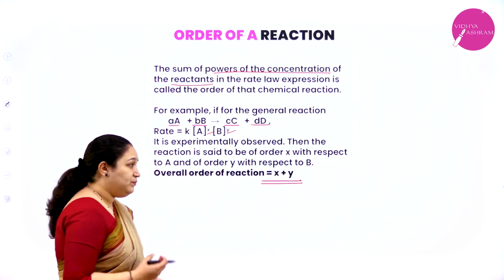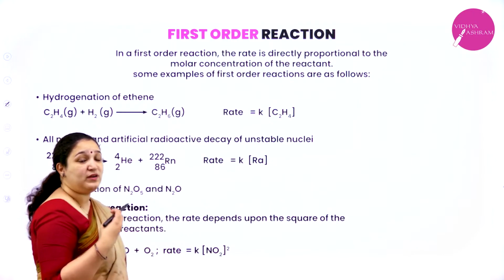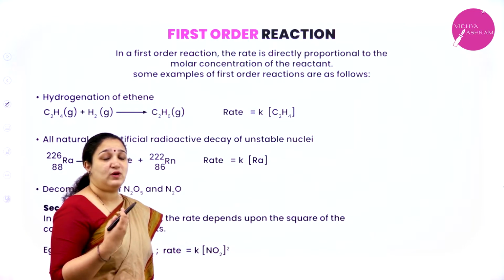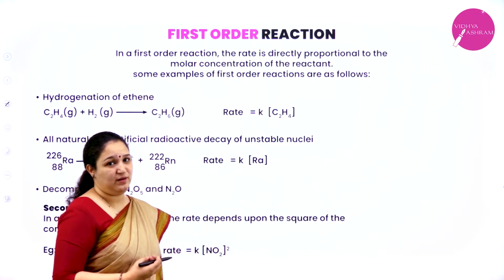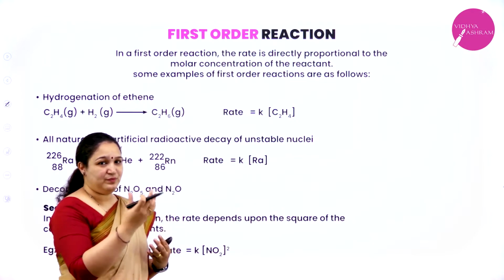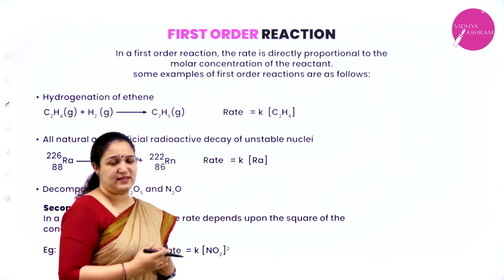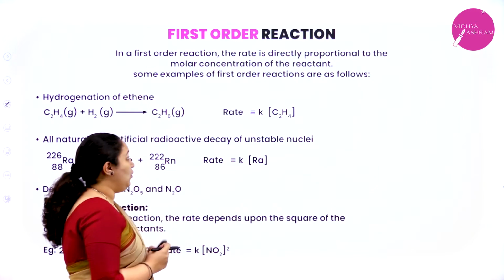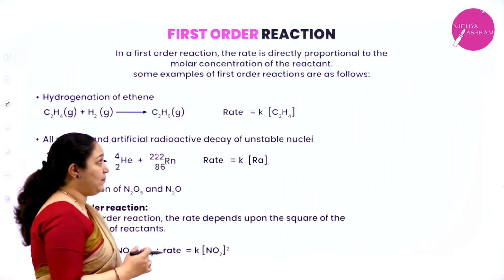Okay. Now, going further, we have to learn what is first order reaction, what is second order reaction, what is zero order reaction, etc. Now, we understood that order means we have to add the powers in the rate expression, isn't it? Now, what do you mean by first order reaction?